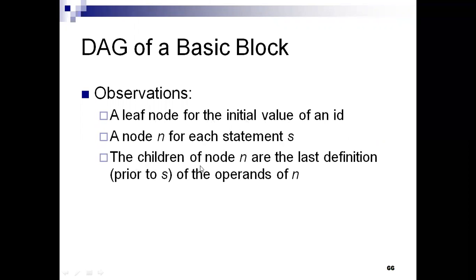And then the children of node n are the last definitions, prior to s, of the operands of n. So those become the children of the node n, right? Whatever the operands of n are, those become the child nodes. These are the observations that we made when we construct the DAG for the given basic blocks.